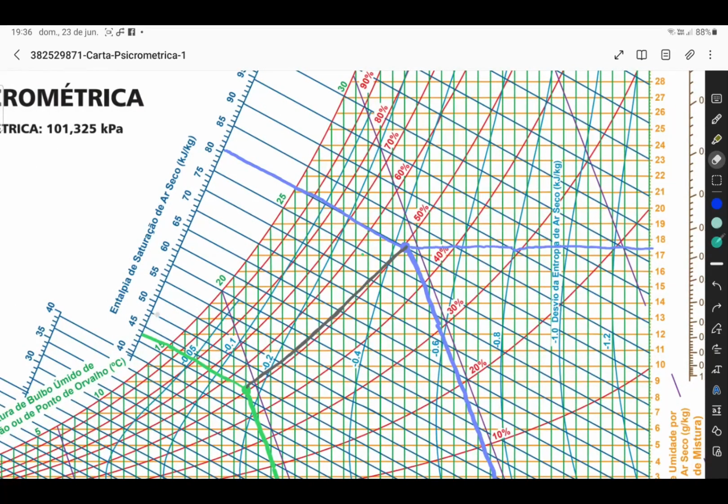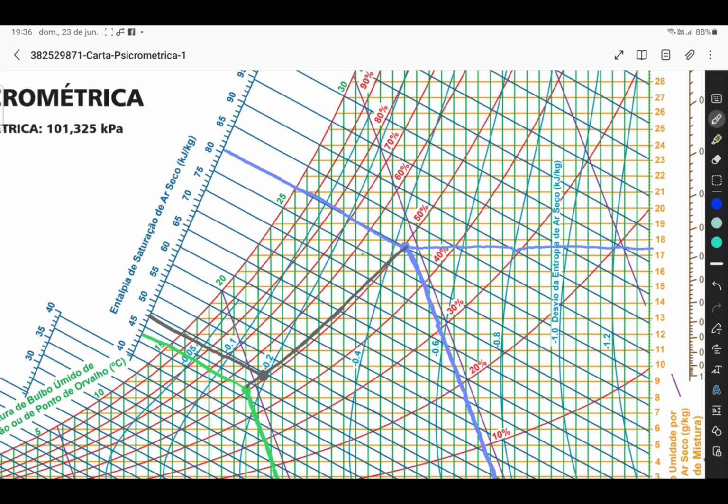So I'm 45, 46, 47. You see that it is very close here. So it comes to be here. And here then will be the point of my mixing between the return air and the external air.